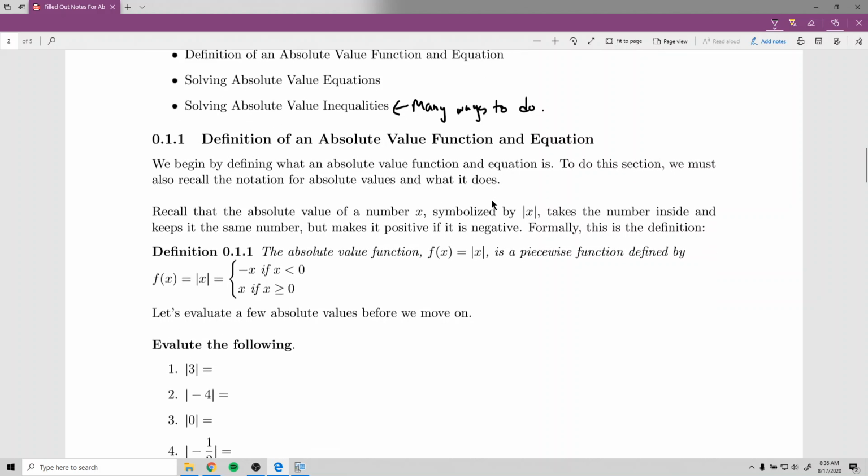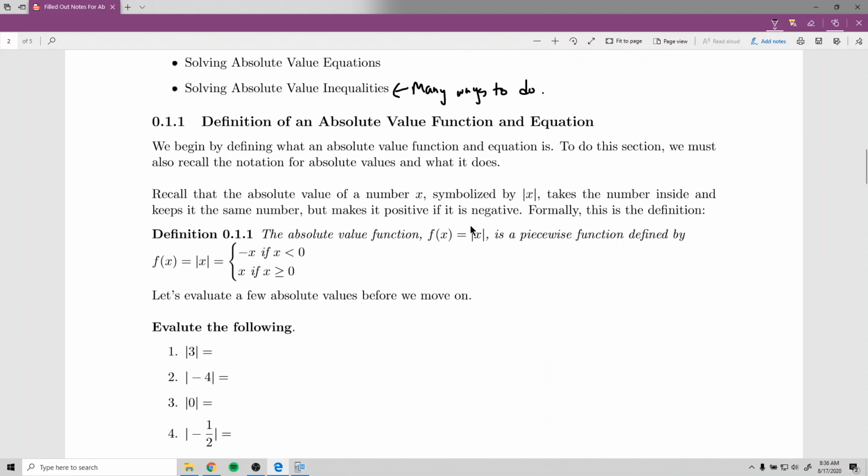All right, so the definition of an absolute value function and an inequality. The reason that this is in the piecewise defined function sections is because of the absolute value function, f of x equals the absolute value of x. If you're not super familiar with the absolute value, it's symbolized by the large vertical bars around a number.